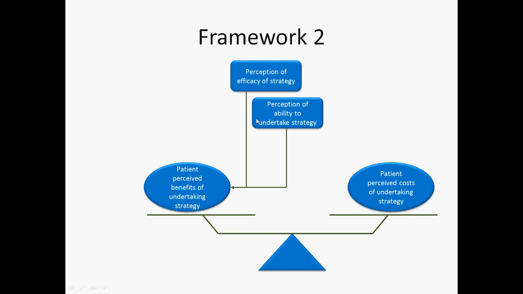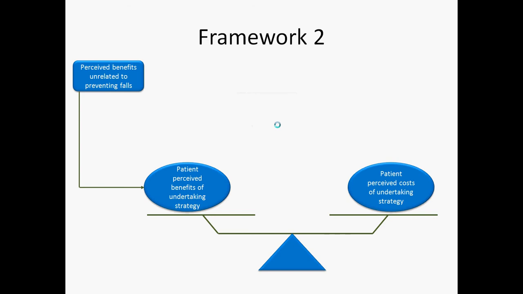Similarly, if they think that the activity that you're asking them to perform is far too hard, then they're going to have little perceived benefit of that particular activity for them personally. This might relate to activities such as waiting for help to arrive if they've asked for help to go to the toilet. Some people perceive that their ability to wait is very limited and they become very impatient, and they know that they're going to try to get to the toilet on their own despite the risks that they're facing.